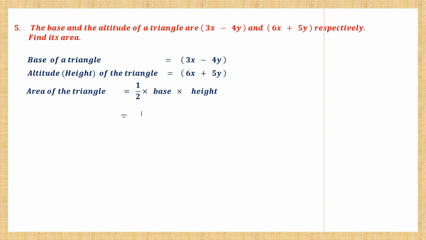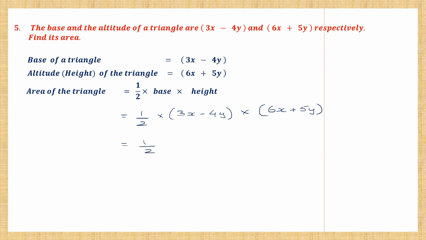So this will be half into base is 3x minus 4y into 6x plus 5y. So we have half into base into height. So now we are going to work out these two. We are going to multiply the base and the height. So this will remain the same.